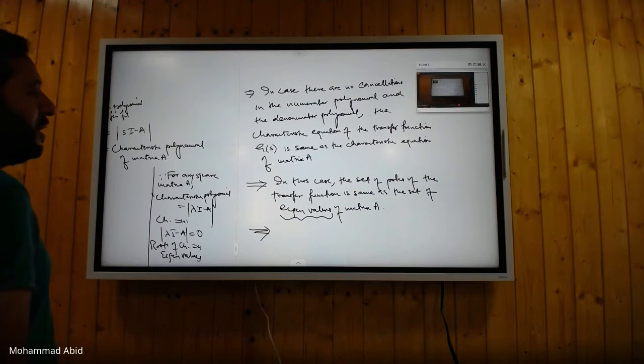a different form. For a system defined by the state space model, which we have already written in the beginning, for that system to be stable, its eigenvalues must lie exclusively in the left half of the S-plane. Is that clear?